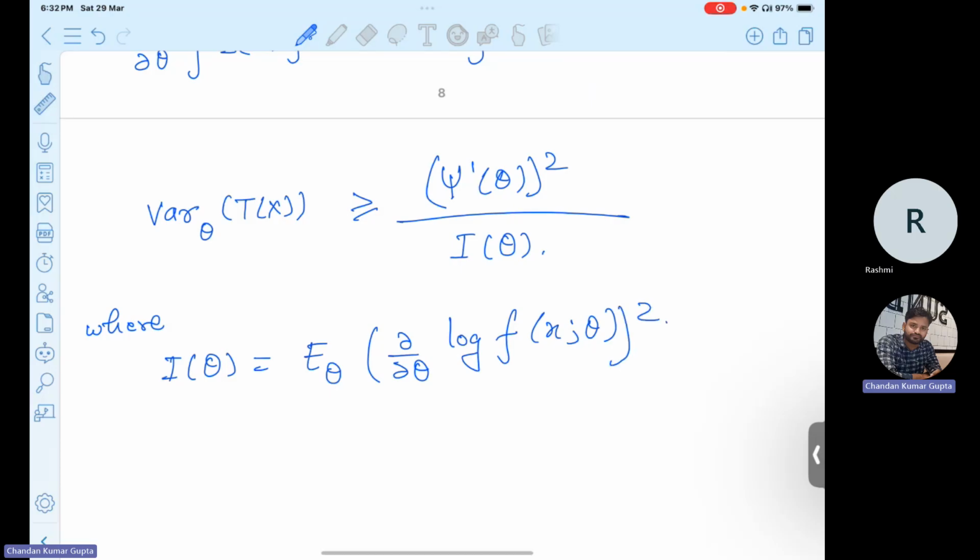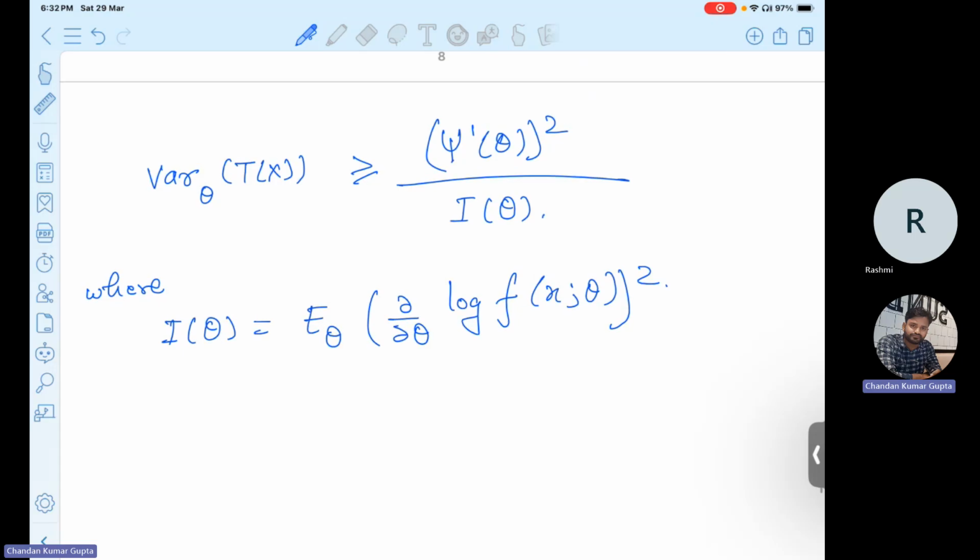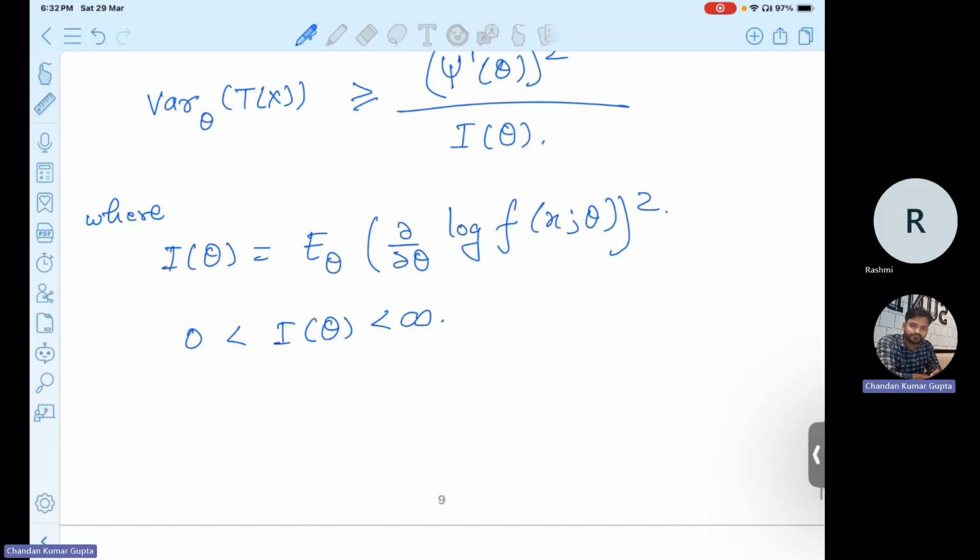We also know that I theta must be finite, so that we can calculate the variability of that estimator T(X). This gives the bound when the equality condition holds. Let me write.